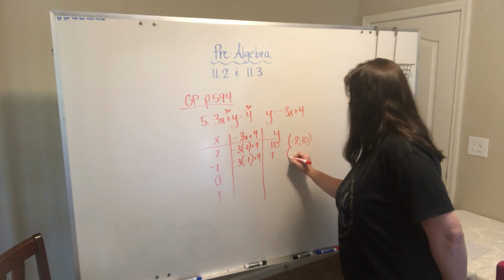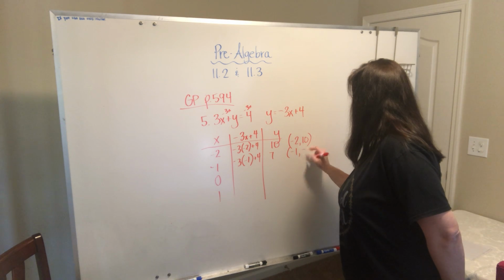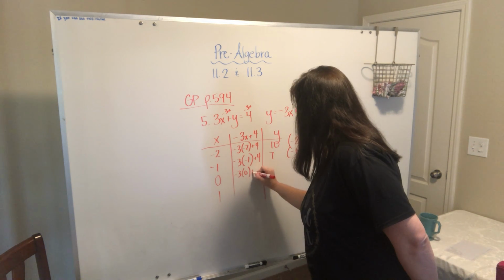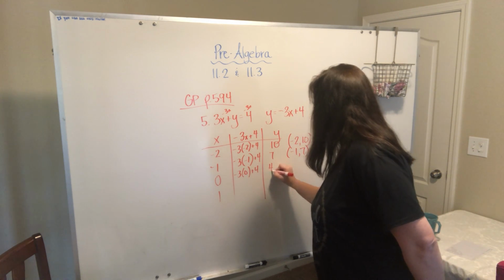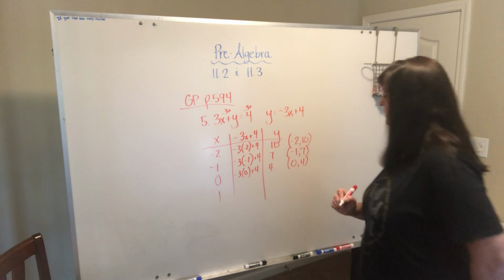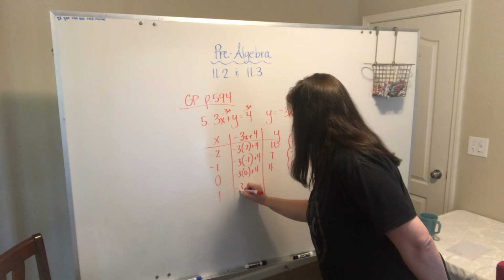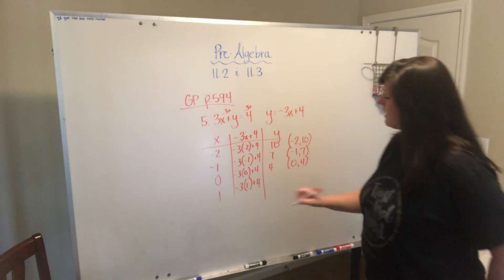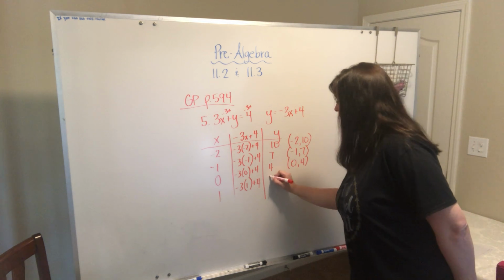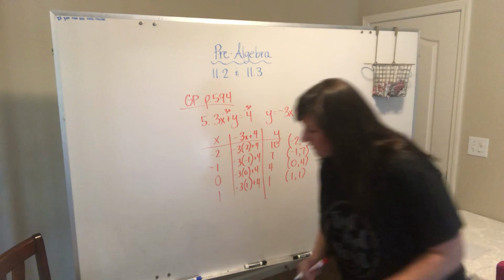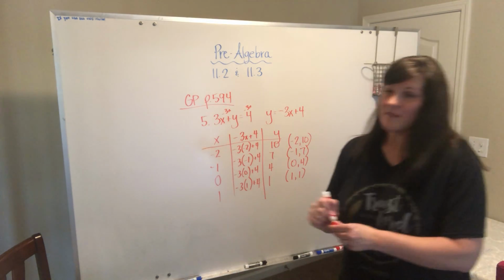I'm going to get 7. There we go. 0. Great. I get 0, 4 for my next coordinate. And negative 3 times 1 plus 4. Negative 3 times 1 is negative 3 plus 4 is 1. So my last ordered pair there is 1, 1.